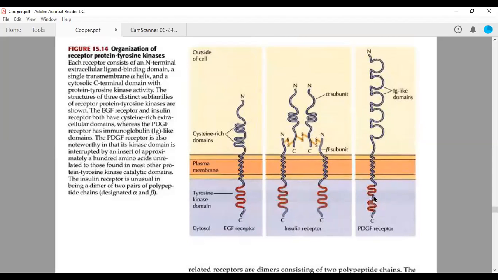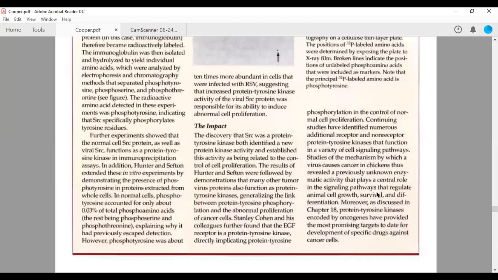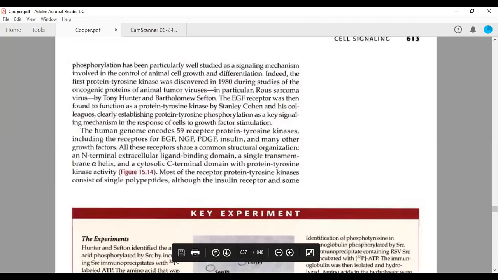Therefore, it is colored blue, and these red color domains are having tyrosine kinase activities. Okay, Shreya, no specific name, and we will discuss.